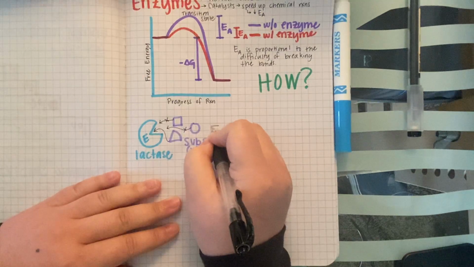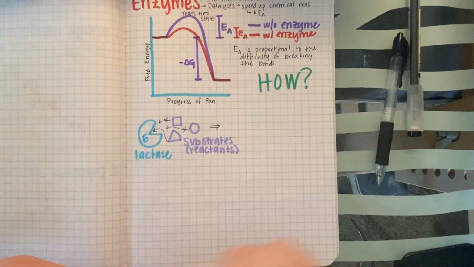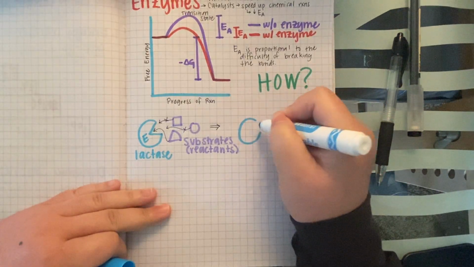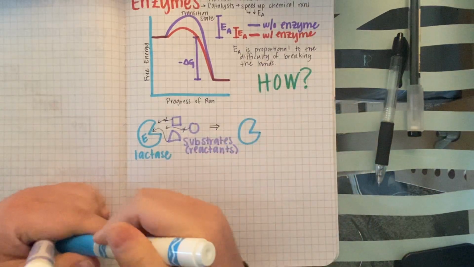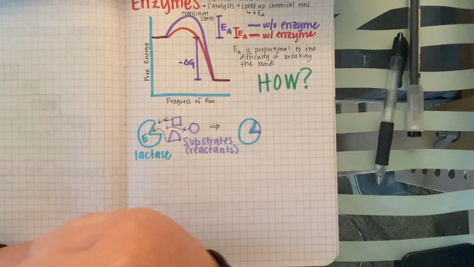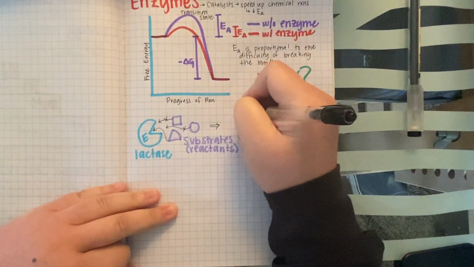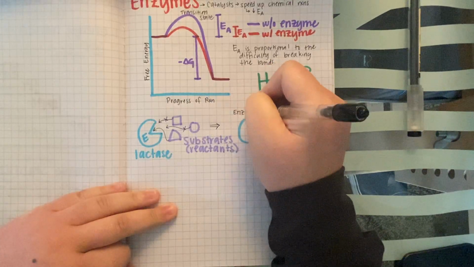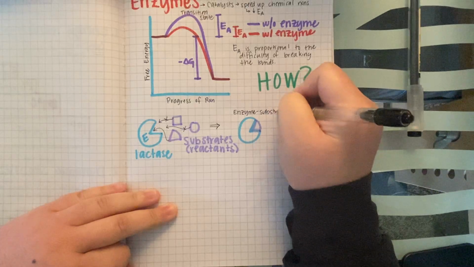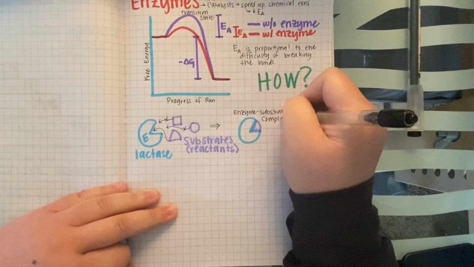And that will give you a complex. So when an enzyme bonds to its substrate, like so, it'll just look like this. So your little substrate is now bound to the active site. So this is called an enzyme substrate complex, because it's a complex of your enzyme and your substrate.